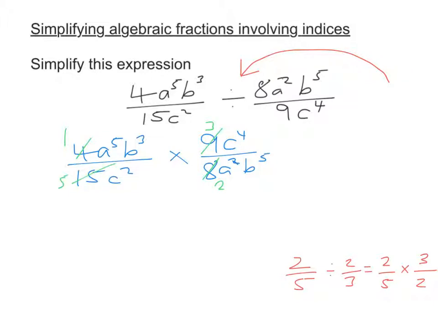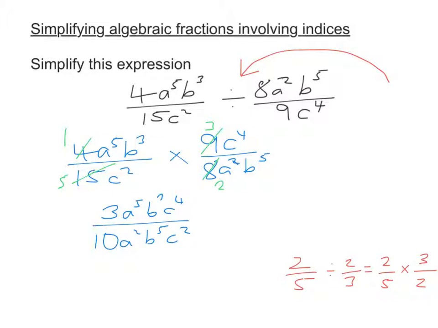There's 3 3s in 9 and 5 3s in 15. Now I'll multiply, which will give me, on the numerator, 3 times a to the power of 5, b cubed, c to the power of 4. My denominator becomes 10, 5 times 2, a squared, b to the power of 5, c squared.